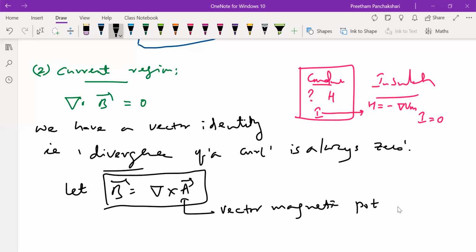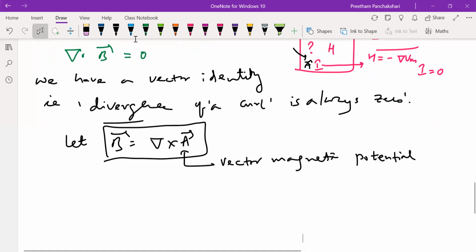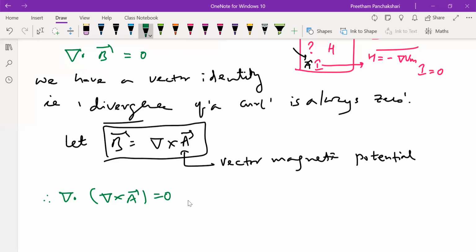If A is acceptable, then this becomes a magnetic potential, but it is a vector, so it becomes the vector magnetic potential, which is applicable to the regions where current is flowing. Therefore, divergence of the curl A is equal to 0. So this equation satisfies this identity as well as this Maxwell's equation.